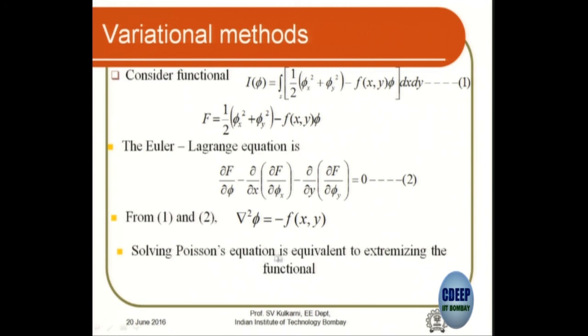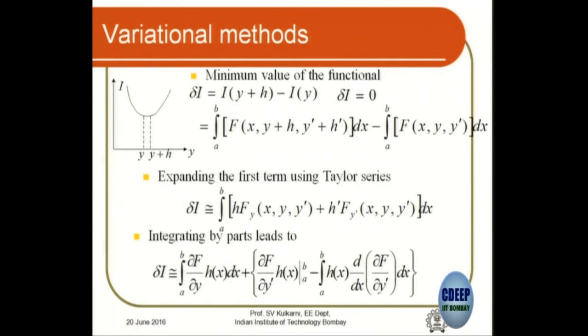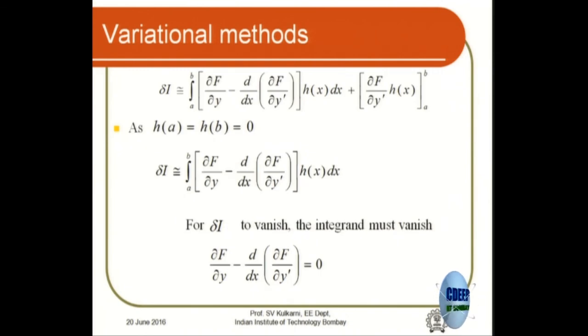So this is nothing but Poisson's equation, right? So that means solving Poisson's equation is equivalent to extremizing this functional, because the extremization of that functional occurs when you solve the Euler-Lagrange equation, because that is what we did here, is it not? When we extremized this functional, we got this Euler-Lagrange equation.